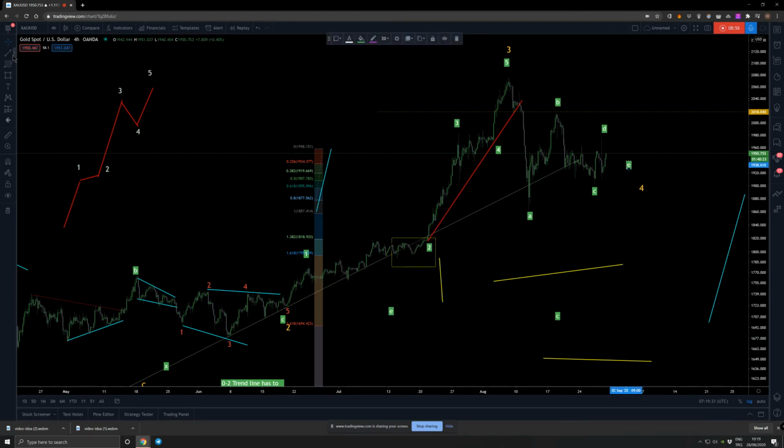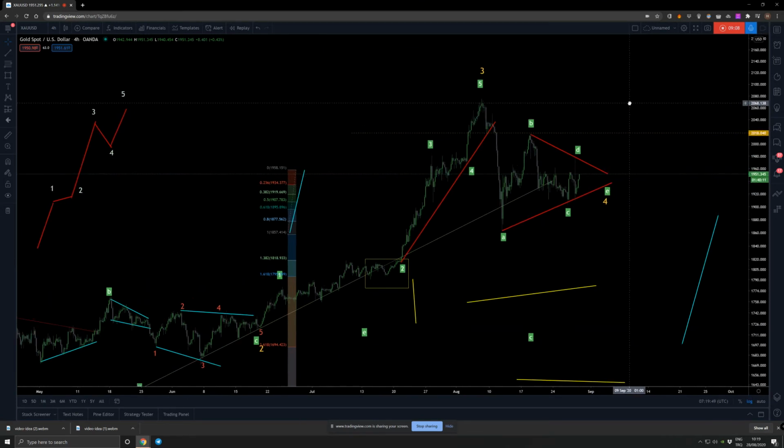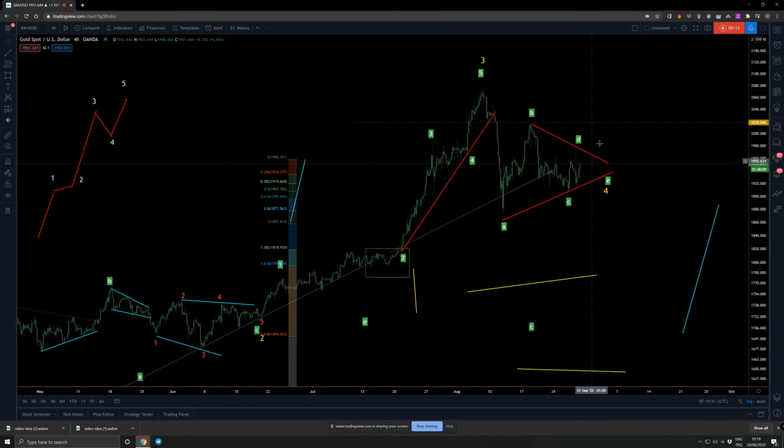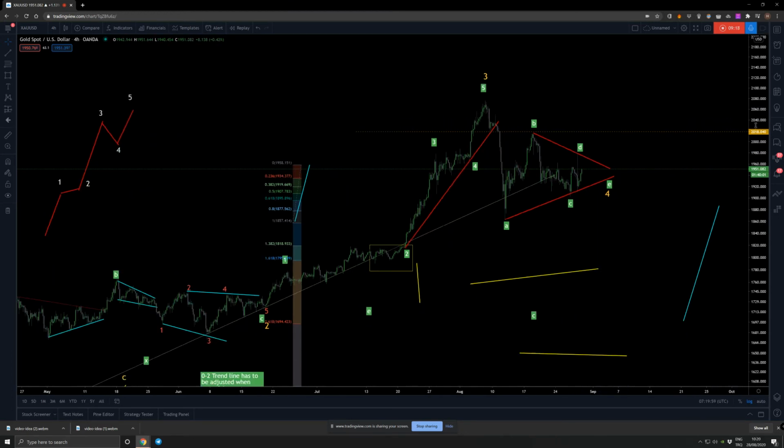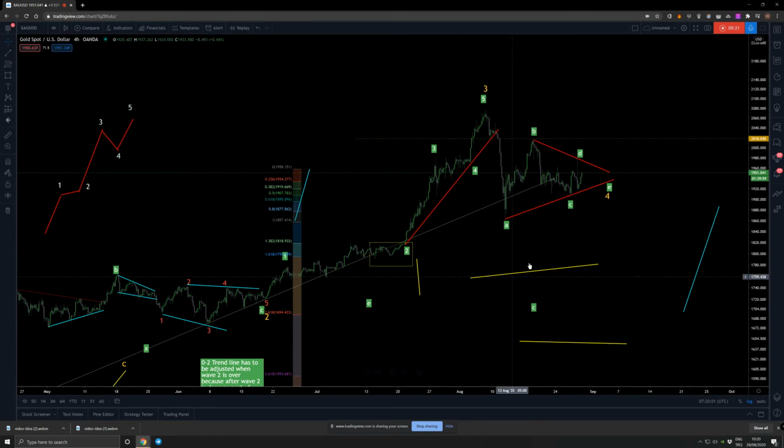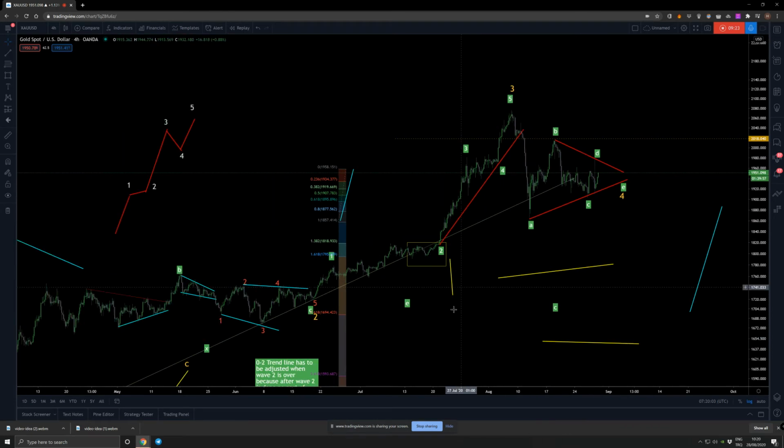If this is the case, which this move does look like a triangle, then we should see it finishing. When it does finish, if this triangle will break again to the upside, okay, this is how it should be, then what I would do is look for one thing, which will tell you.